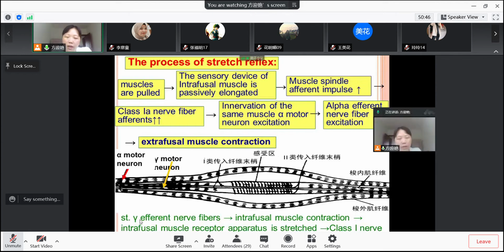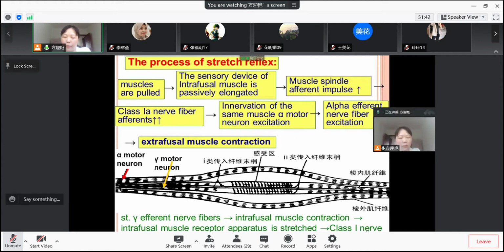We just talked about the gamma motor neuron: in the spinal cord there is another motor neuron, the gamma motor neuron. If you stimulate the gamma motor neuron, the gamma efferent nerve fibers are excited, and then the intrafusal muscle fibers contract. With the intrafusal muscle contracting, the muscle spindle receptor is stretched, the muscle spindle is excited, and then the class 1 nerve fibers fire.